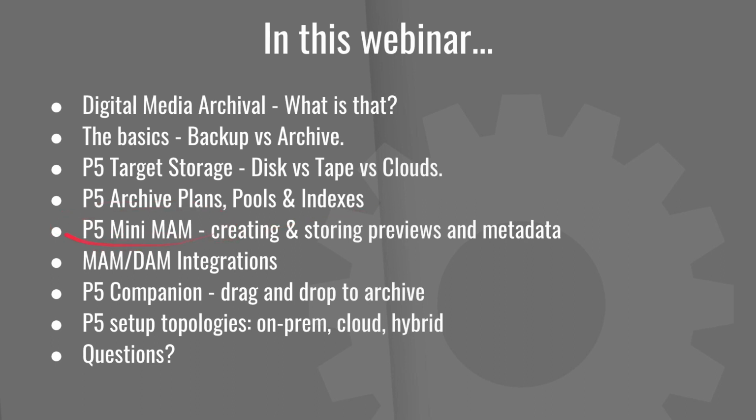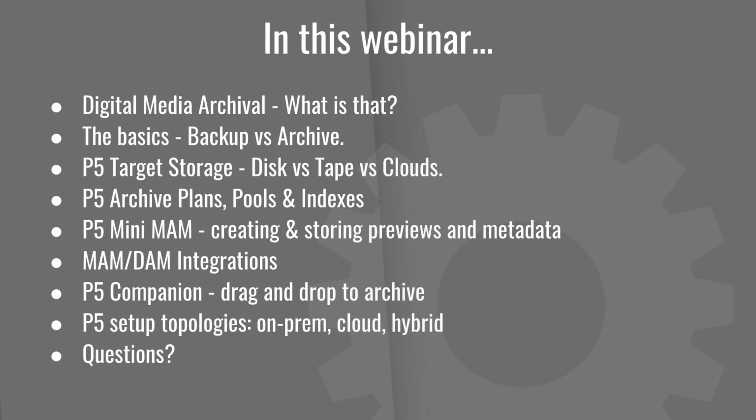The P5 Mini-MAM concept, MAM being a Media Asset Management acronym, is about creating and storing previews and metadata. We look at how we do that within P5, how it works, what it looks like. Then we look at how you can integrate the P5 archiving engine with a DAM that maybe you're already using, digital asset management or media asset management systems. Which ones work with P5, how to find out more about that.